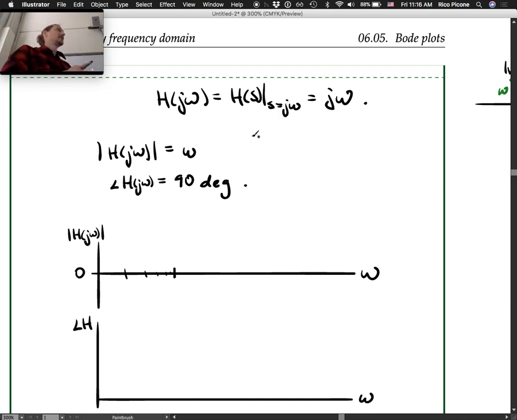Something that is linear in a non-logarithmic plot is also linear in a logarithmic plot, so it's a log-log plot. At omega equals 1, it should have 0 dB. So 10 to the 0 is omega equal to 1, and that is going to be our crossover point.